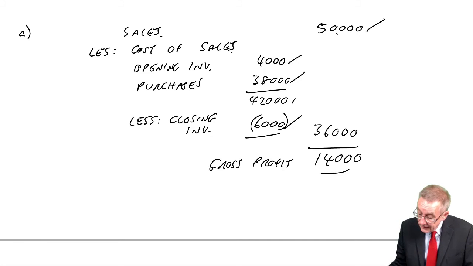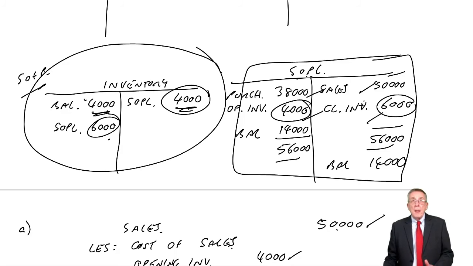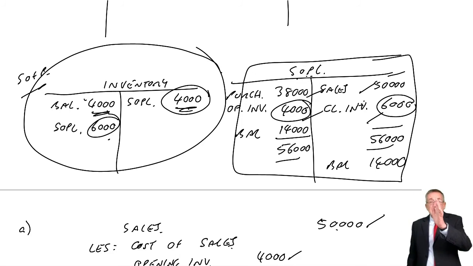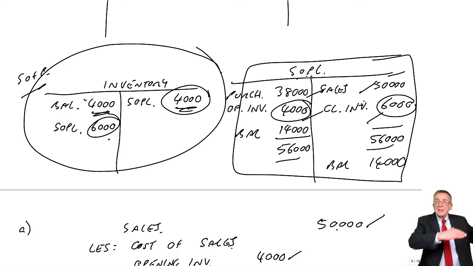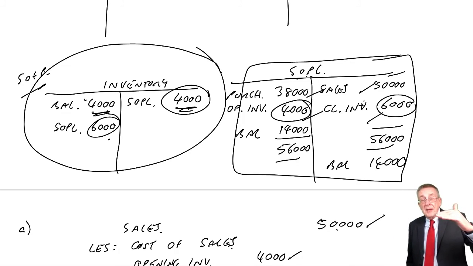Secondly, appreciate that the inventory account does not keep a day-by-day record of inventory. You know, day by day, you're buying goods, you're selling goods, inventory is going up and down. But our T account is only correct at the beginning and end of the period.